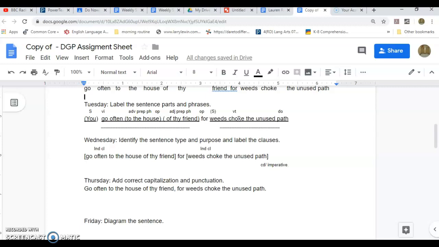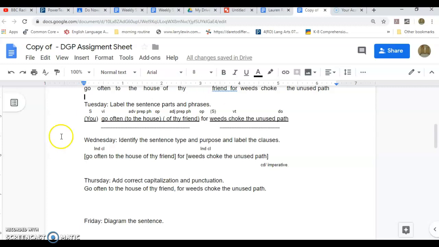Intransitive verbs do not have a direct object. Transitive verbs have a direct object. The way that you find it is you ask yourself, subject, say the subject, verb, say the verb, what? Do you have an answer to the what? Yes, transitive. No, intransitive. All right.